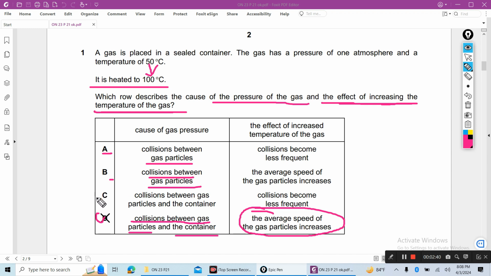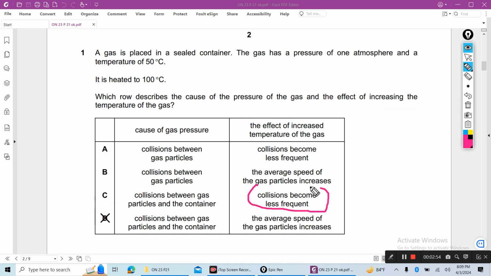So this is wrong. C also wrong. Collision between gas particles and the container. So C is correct for this part, but the second part is wrong. Collisions become less frequent? No, if you increase temperature, collisions become more frequent. So this is the correct answer.